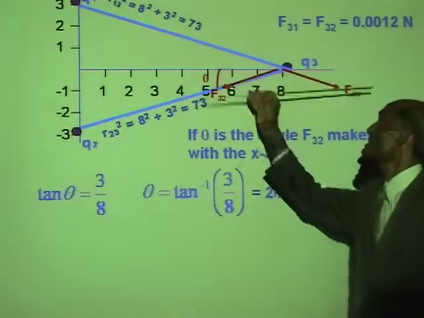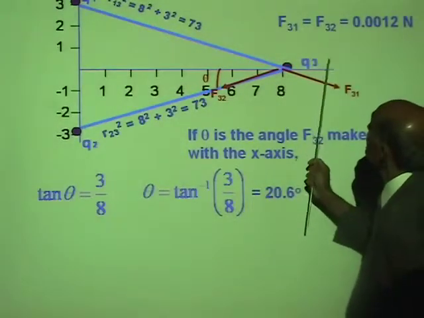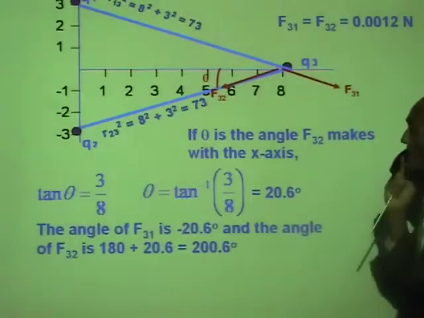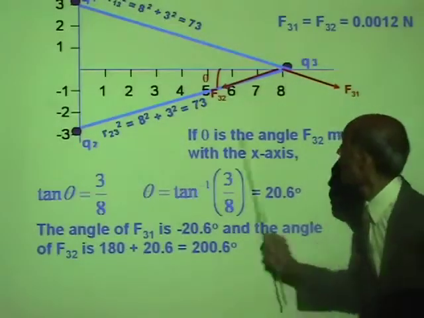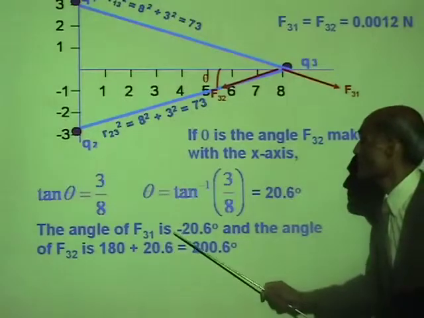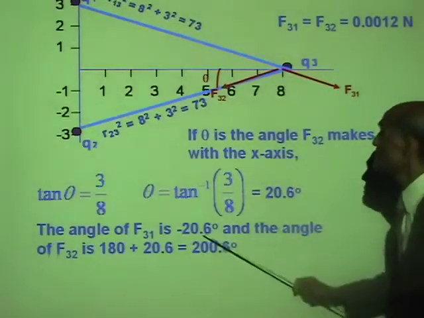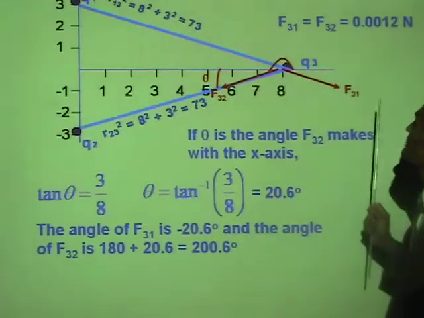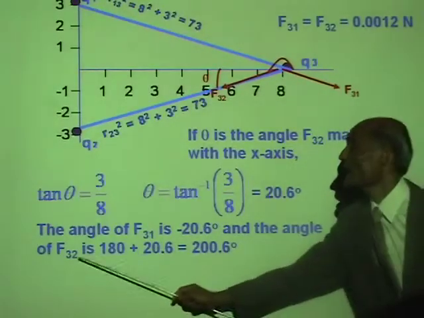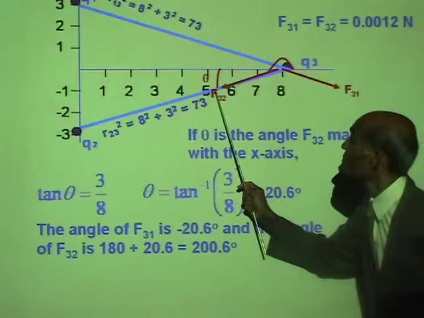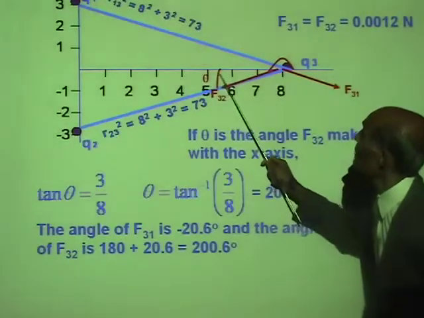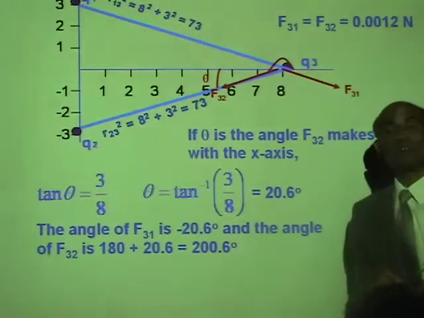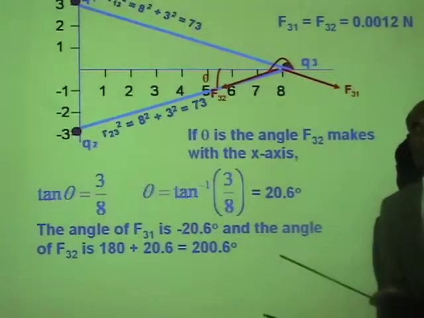That angle is negative. The angle measured from the x-axis counterclockwise is positive. So the angle of F31 is negative 20.6 degrees, and the angle of F32 is 20.6 plus 180 equal to 200.6 degrees.